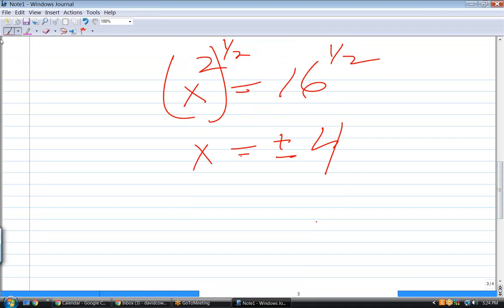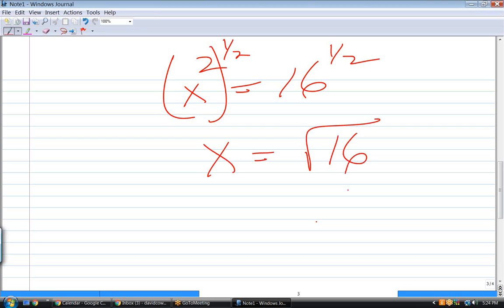Okay? And I write it like this and not like this because that assumes the plus square root of 16. So you pick up the plus or minus when you do that step where you take the square root of both sides. That's where you always have to have the plus or minus.